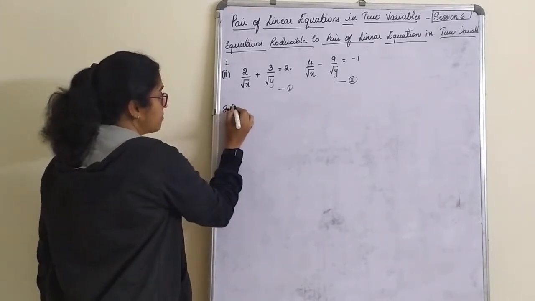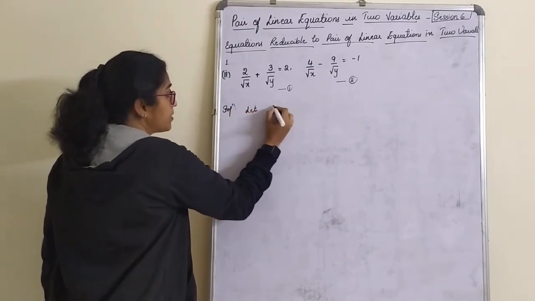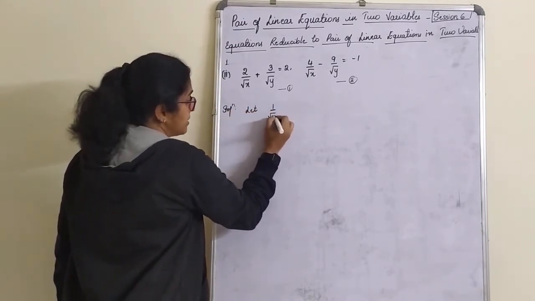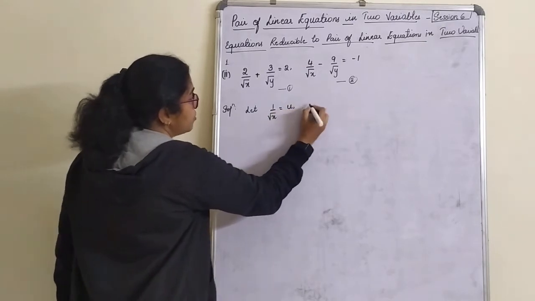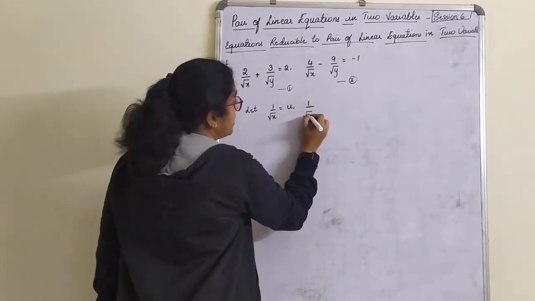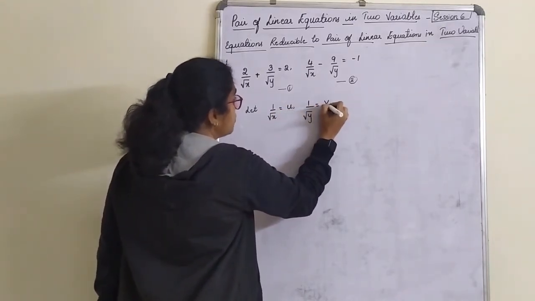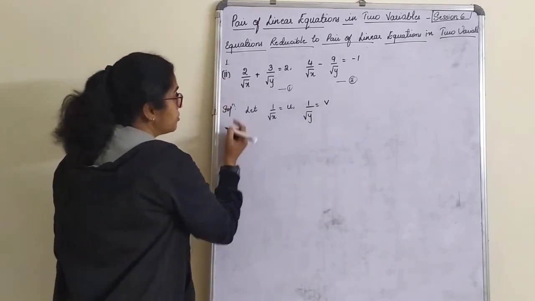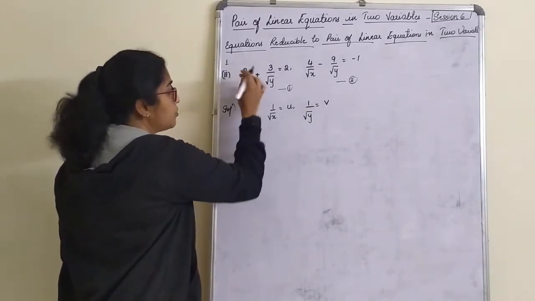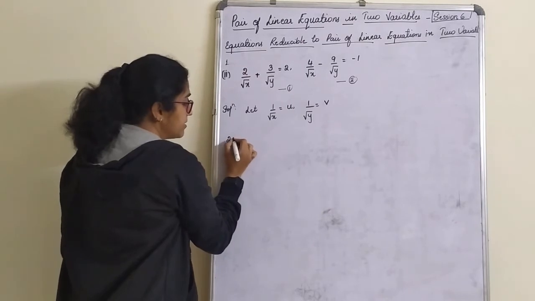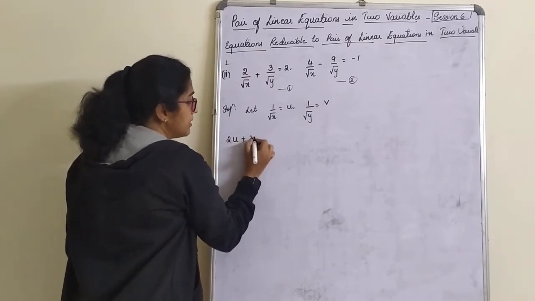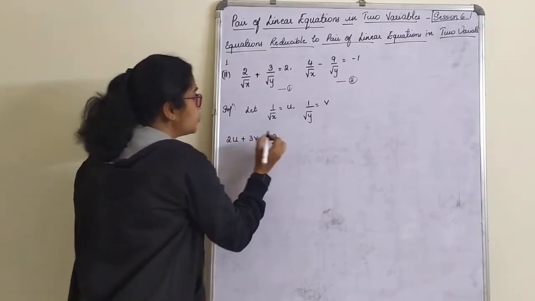Solution. Let 1 by root x is equal to u and 1 by root y is equal to v. Again, 1 by root x is equal to u, 2 in the numerator as it is, so 2u plus 3v is equal to 2.